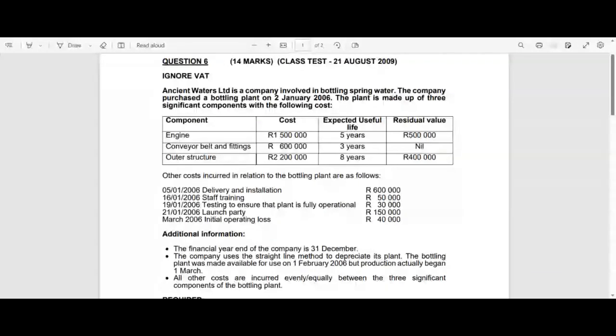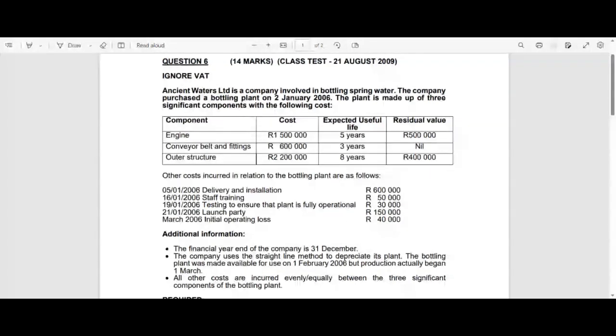Thank you, Enrique. I like that. It is probably necessary because otherwise, if the staff do not know how to operate the plant, you cannot produce your product. They might even damage the plant, right? So it's probably a necessary cost.